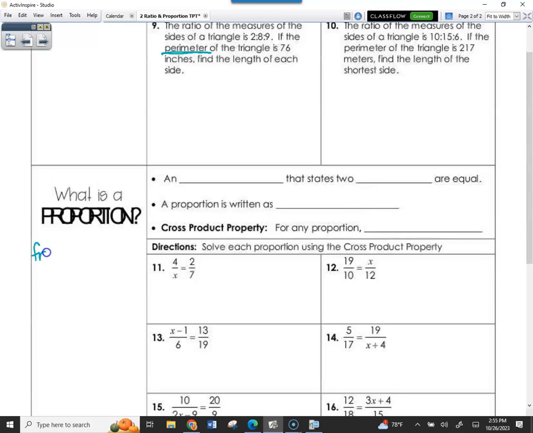It is a fraction equals a fraction. To solve a proportion, you solve by cross multiplying. You may remember this.